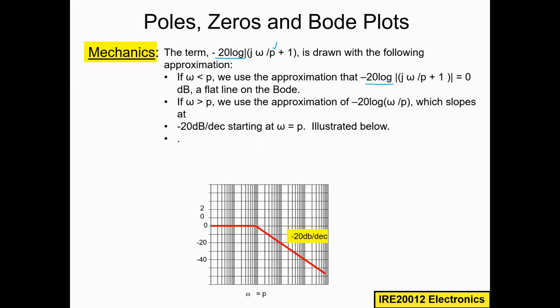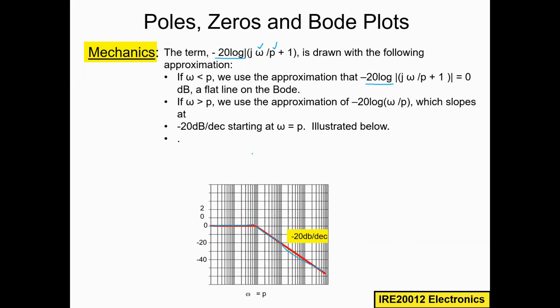That is the flat line. And if omega is greater than p, we use the approximation of minus 20 log of omega by p. Then it means there will be a minus 20 dB per decade fall.